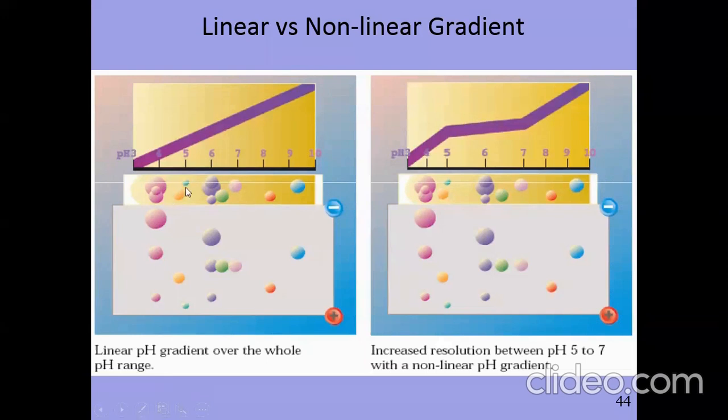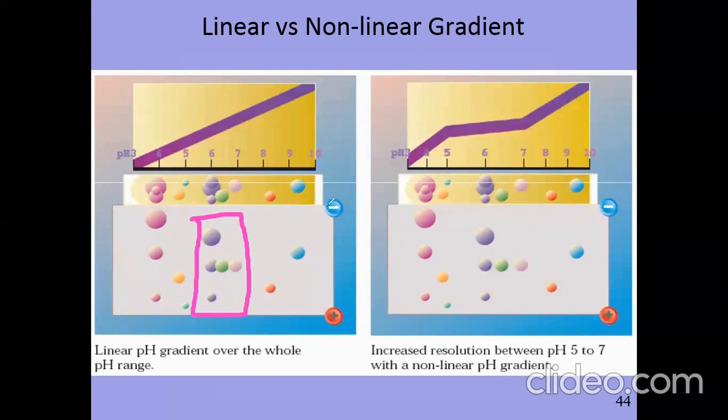These two molecules will be resolved like this at pH 5, and at pH 6 they will resolve like here, from this pH to this pH. So they can be resolved on the gel here.